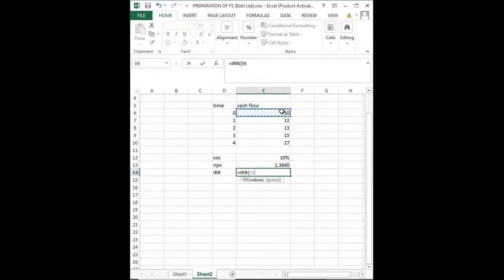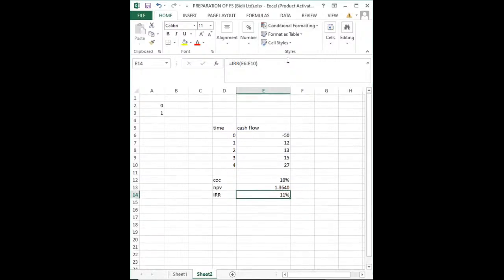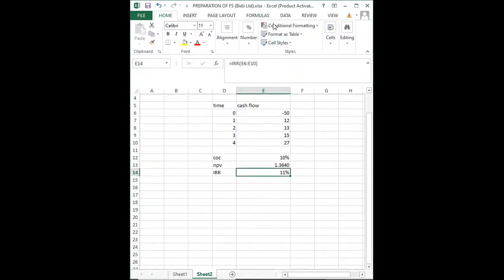You highlight all the values, because it's not telling you value 1, up to 27, close bracket. Enter. Yeah, now you can expand that one in terms of decimals.